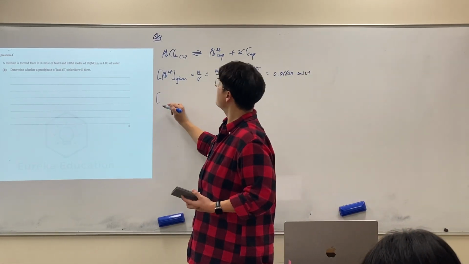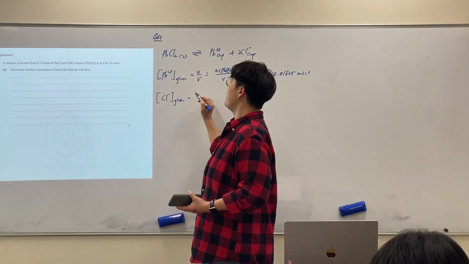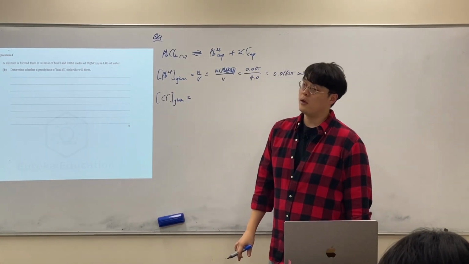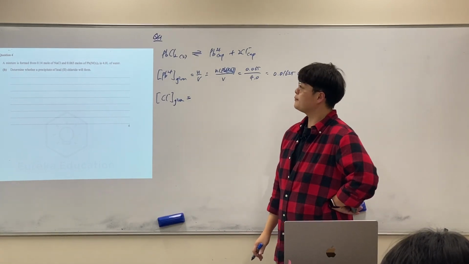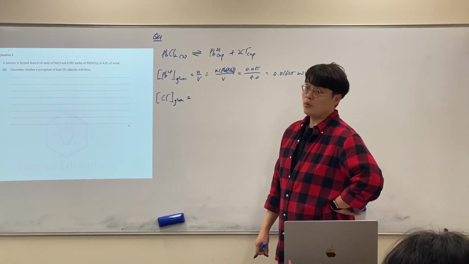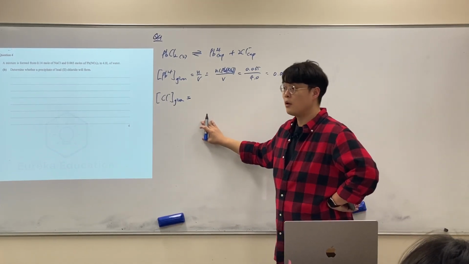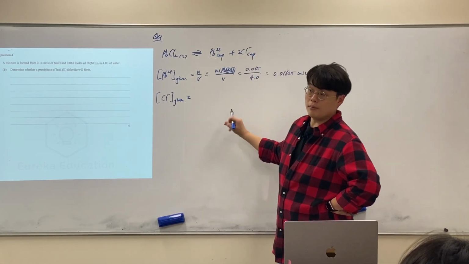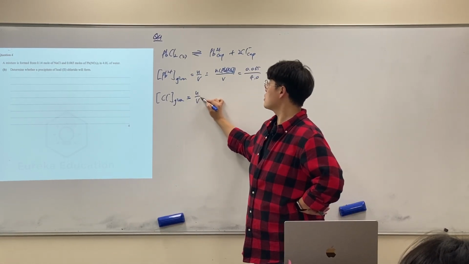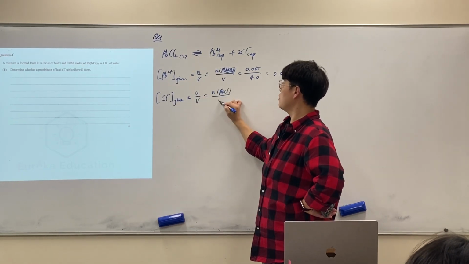Same process for the chloride. What would be the concentration of the chloride that's given? That's the same as n over V, using the sodium chloride here again.